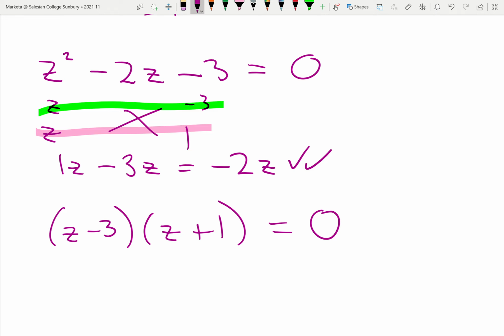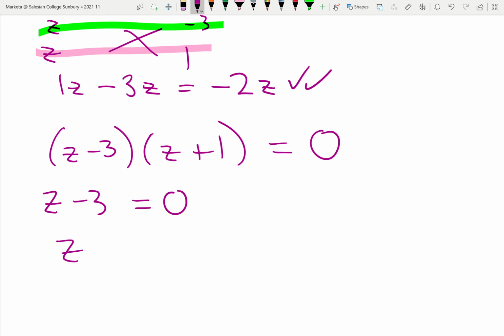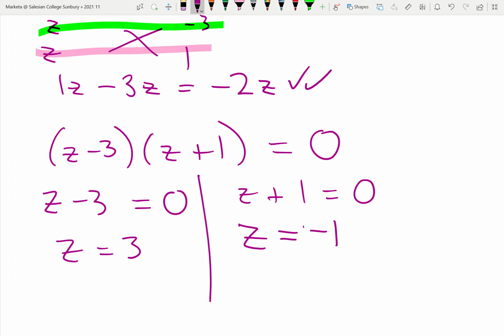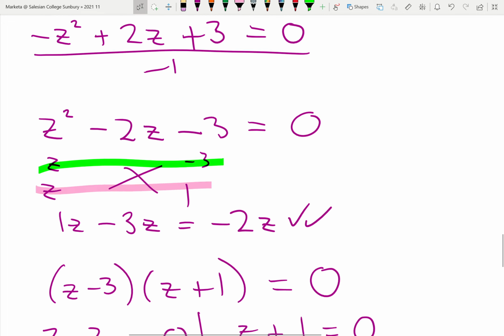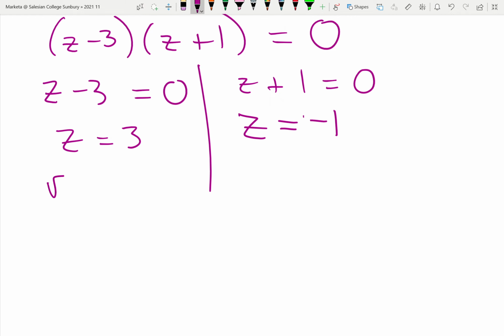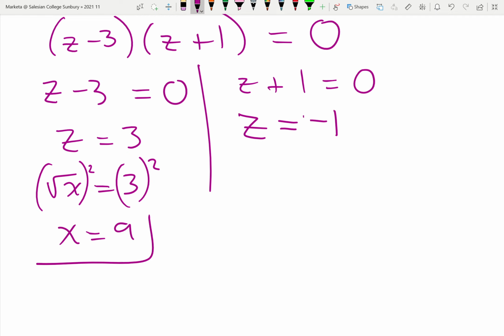And now, we have to be careful because people will go Z minus 3 equals 0 and they'll say Z equals 3, which is true, but it's not the answer because we've got to do it in terms of x. So we've got Z equals 3 and Z equals negative 1. So let's have a look what it was. We said Z equals root x. So root x equals 3, square both sides, x equals 9.